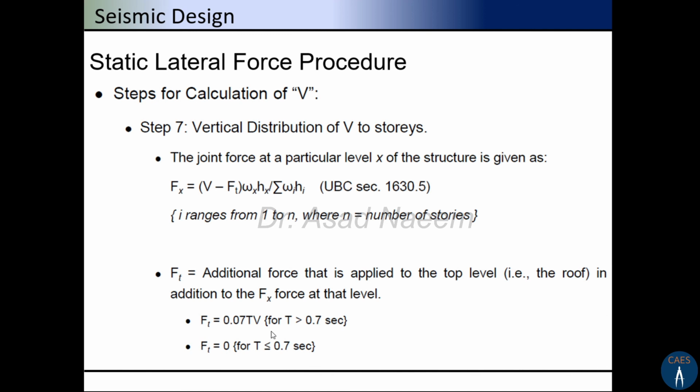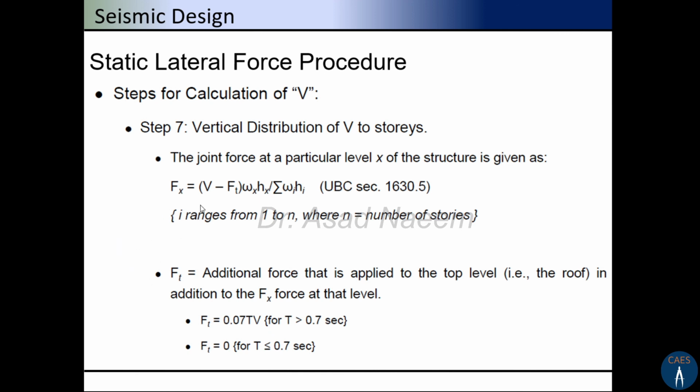Ft is basically used to incorporate the effect of higher modes in a building structure. When the time period is higher than 0.7, this means the structure is a mid to high rise structure, and we have to incorporate the effect of higher modes also, because using this formula we will have a kind of triangular force distribution applied on the structure.